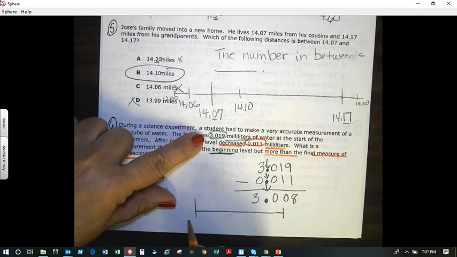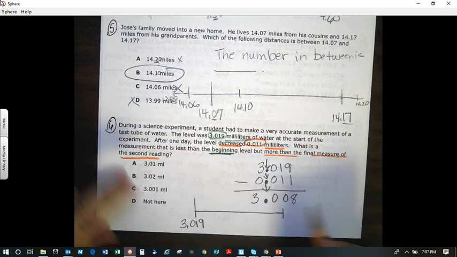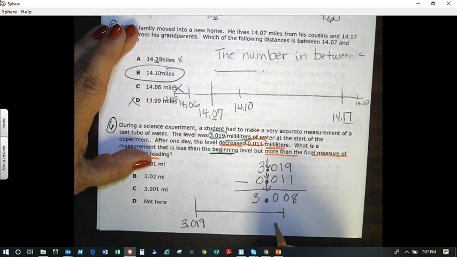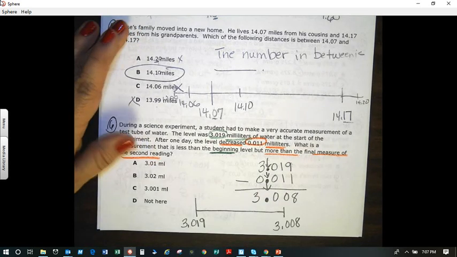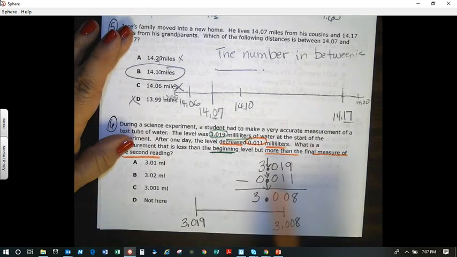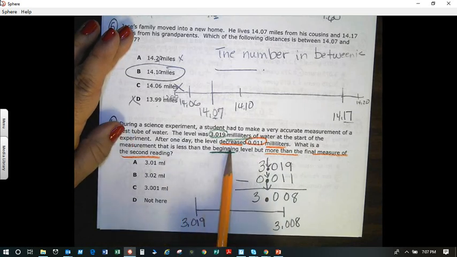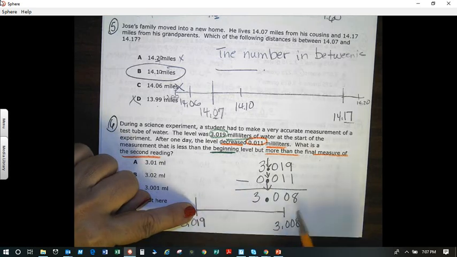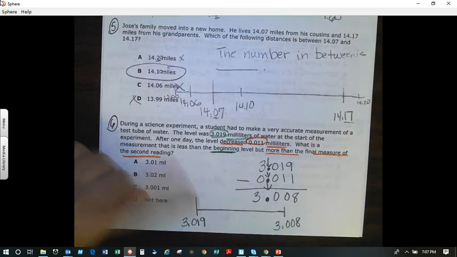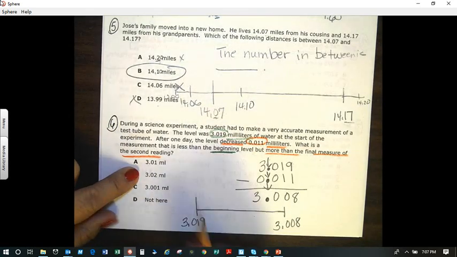This was my beginning at 3 and 19 thousandths, and my ending is 3 and 8 thousandths. So it's saying what is less than the beginning, but more than the final. So let's take a look here.